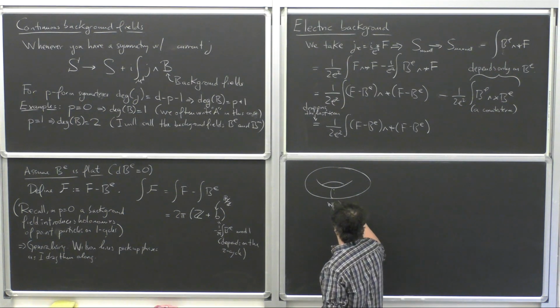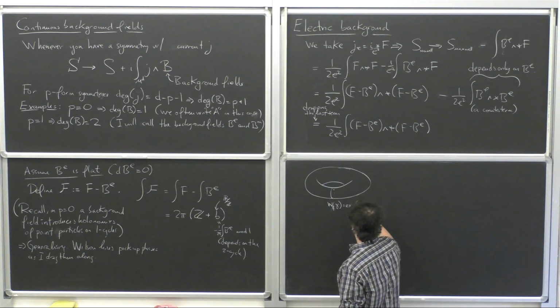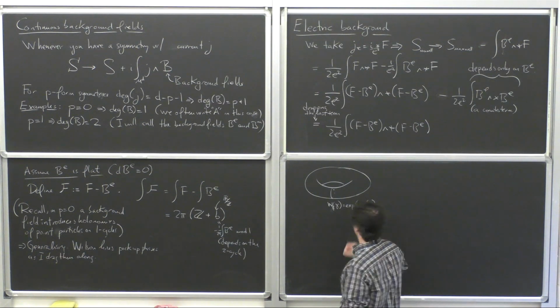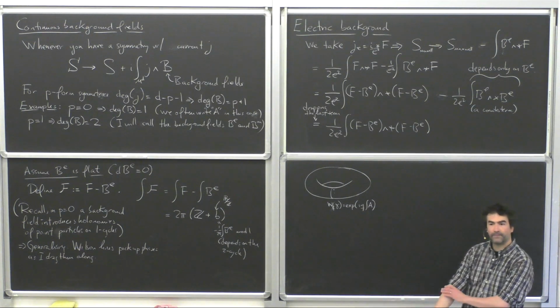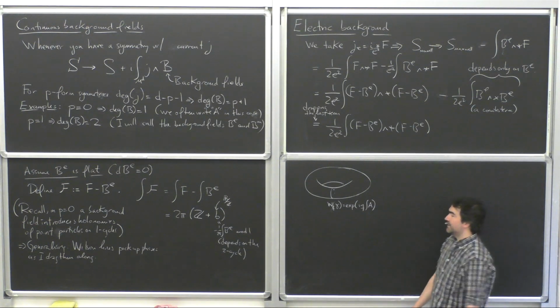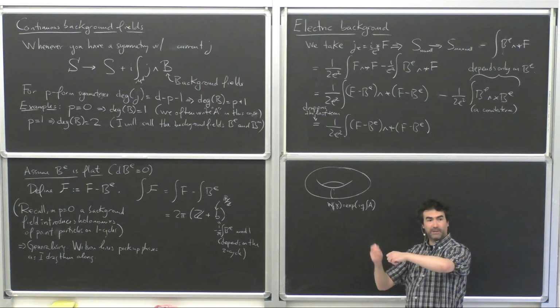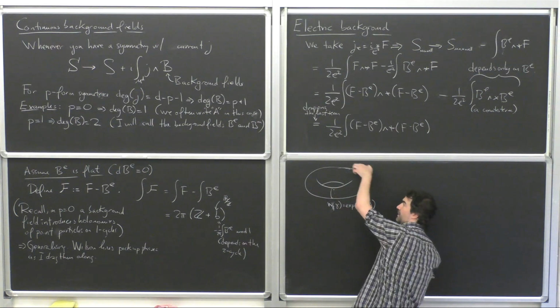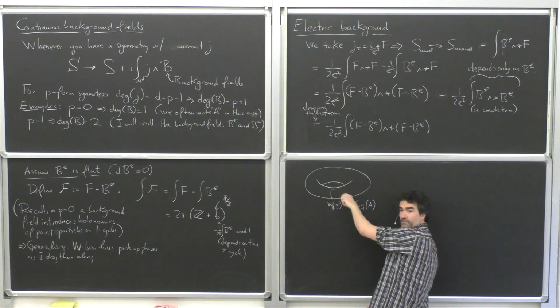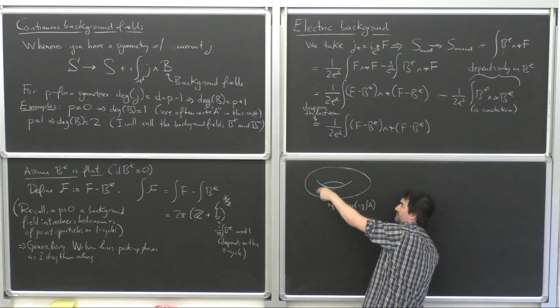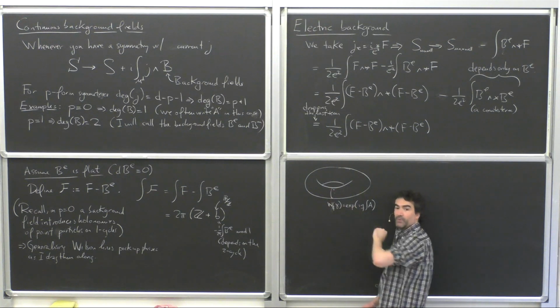Remember, this is the exponential of iq integral of A. And imagine that I take this Wilson line, and I do the analog of taking a charged particle and moving it around a circle. In this case, it will be taking the Wilson line and making my way around the torus and coming back where I was.